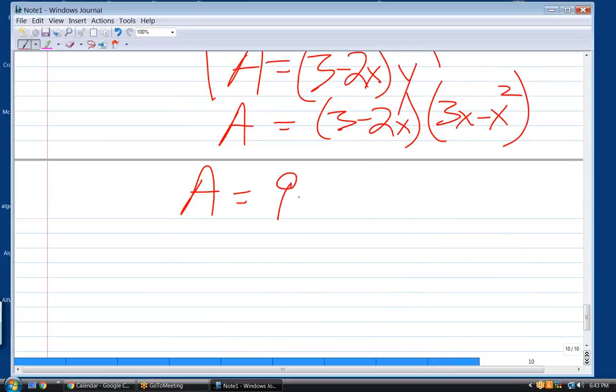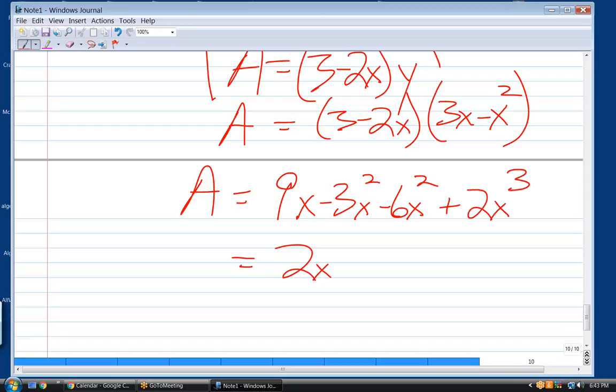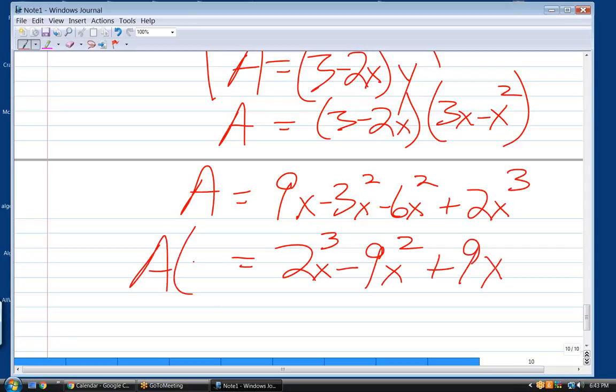That is 9x minus 3x squared minus 6x squared plus 2x cubed, which is 2x cubed minus 9x squared plus 9x. There is my area function of that rectangle.